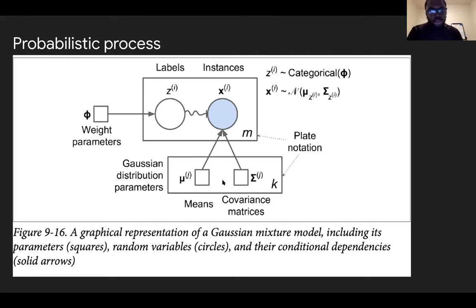Also, looking closely, you see that there is a shaded portion here. So if you are trying to go through this process, you don't know the labels. This shaded portion means that yes, you know your instances, but you're not aware of which of the labels or which of the clusters this instance falls under.